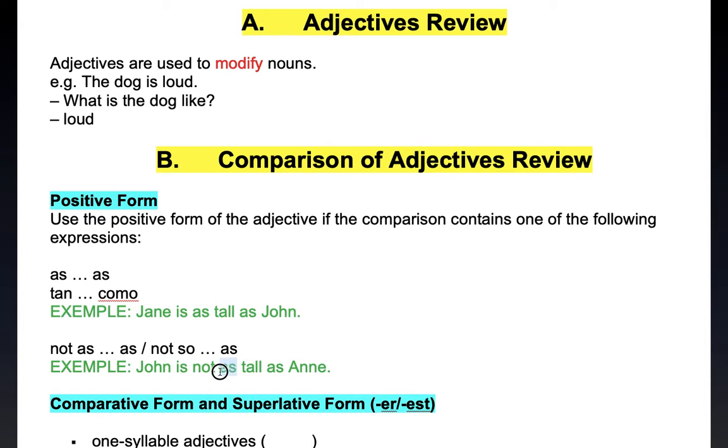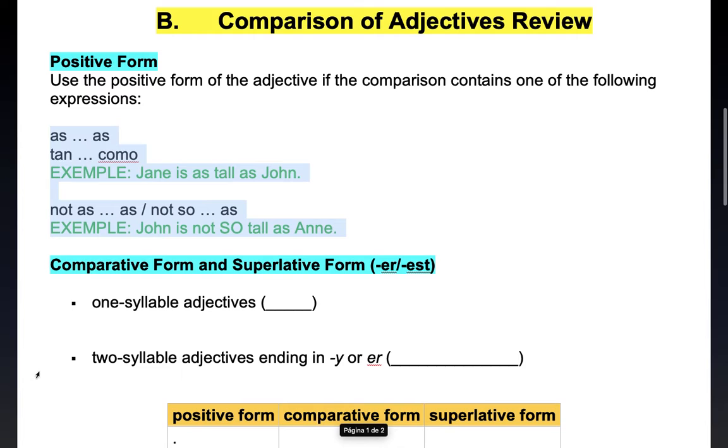Cambiarían este as por so y intensificaría un poco más la expresión. Diría, John no es tan alto como Ana. En español se dice lo mismo, pero en inglés sí cambia más la fuerza en que usted dice que es más alto que Ana. Very simple. This part.